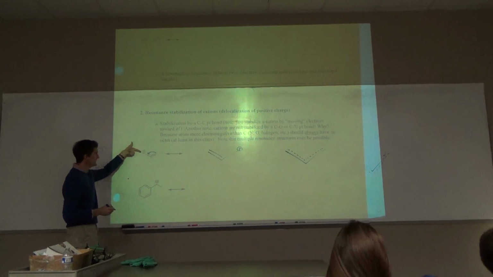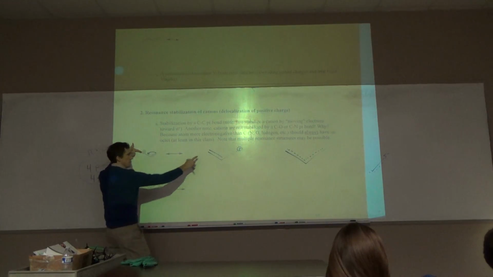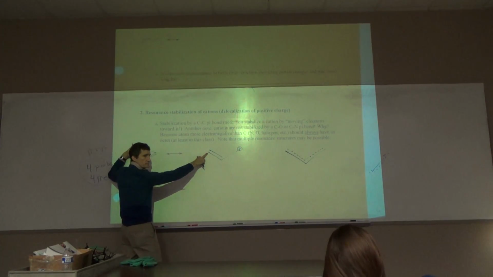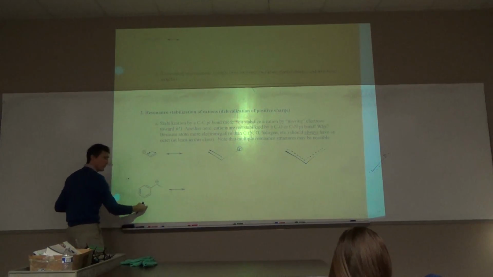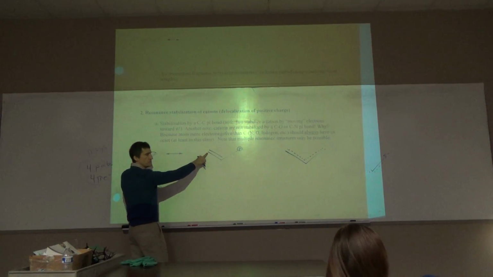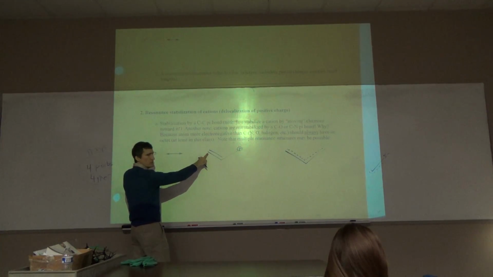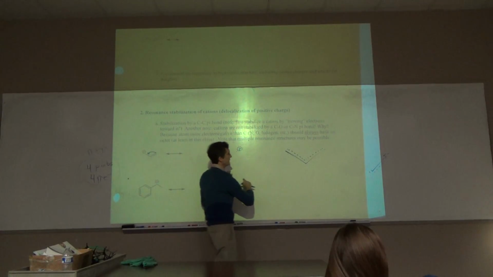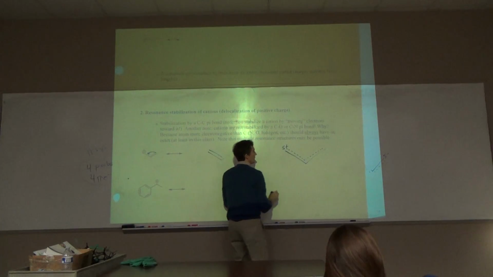What's the charge on this end carbon? Here it's plus, but here it's neutral. True structure is a blend of these. Just like the true color of red and white is a blend of those, pink. What's the average of 1 and 0? 0.5. Okay, partial plus.